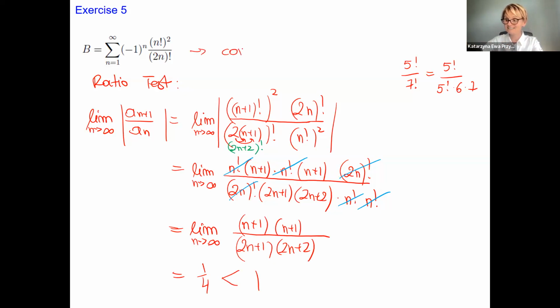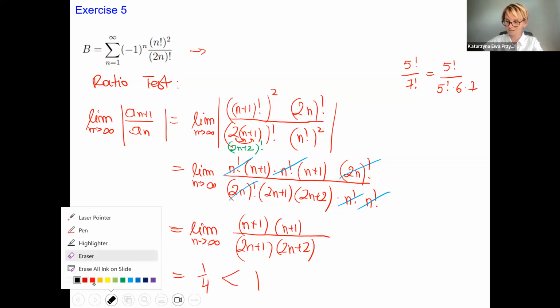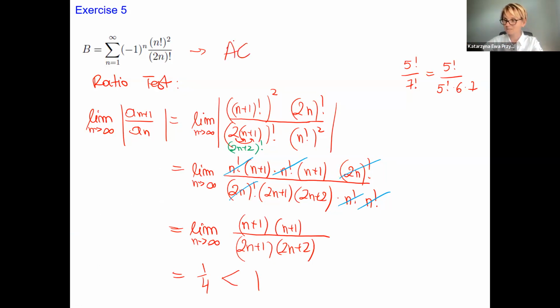This series is absolutely convergent by the ratio test, because the ratio test is testing absolute convergence. Okay, really nice practice. But yes, you have to write it down, because when we're writing, it's a better connection, body and mind, with everything.